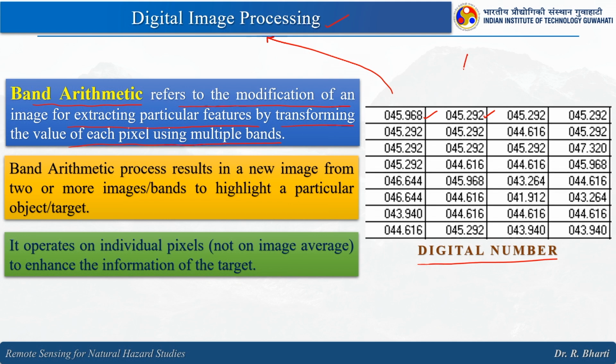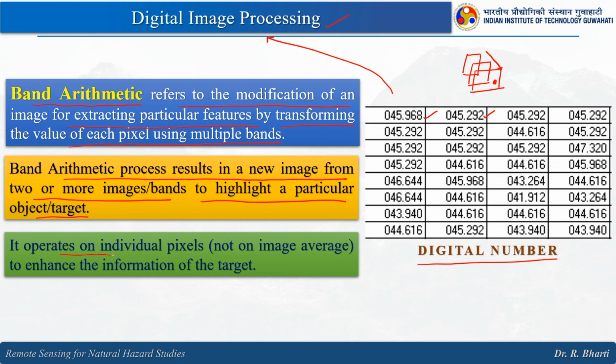Here we are using multiple bands, this information captured by your sensor, and they are used together to enhance one particular object or target. Band arithmetic results in a new image from two or more images to highlight a particular object or target.